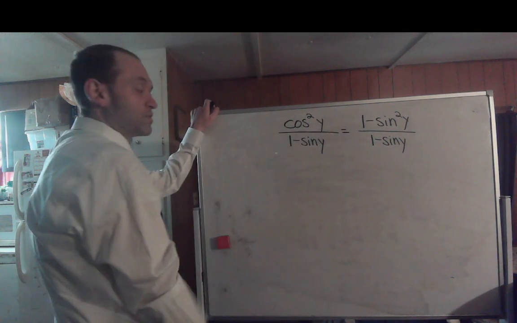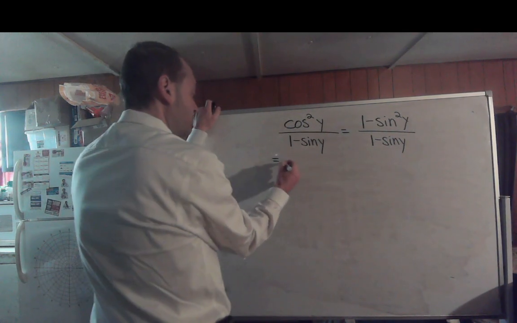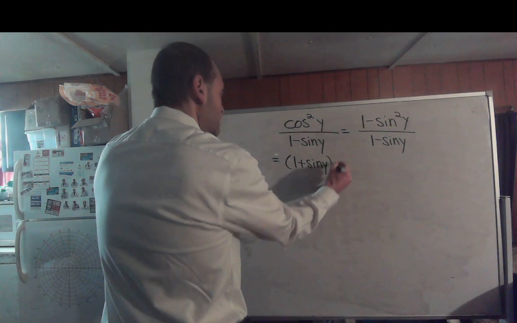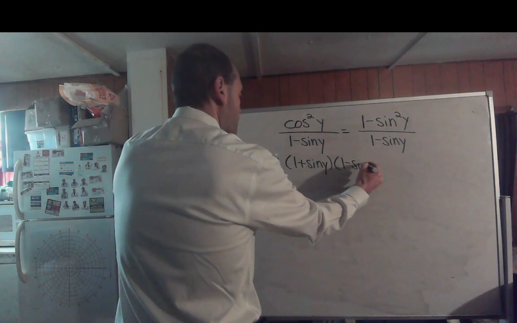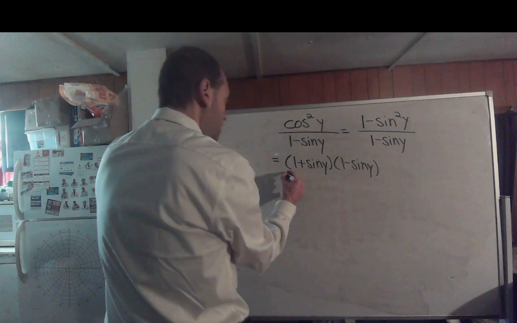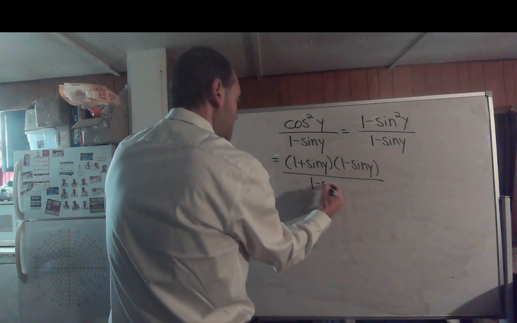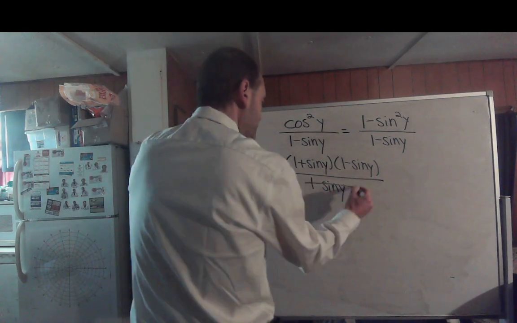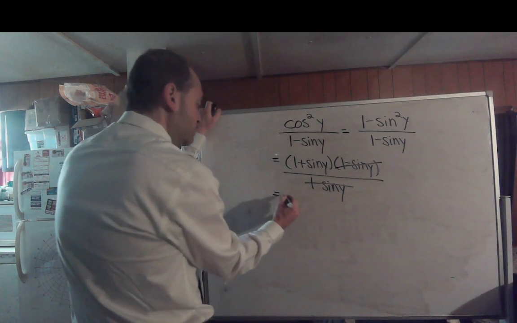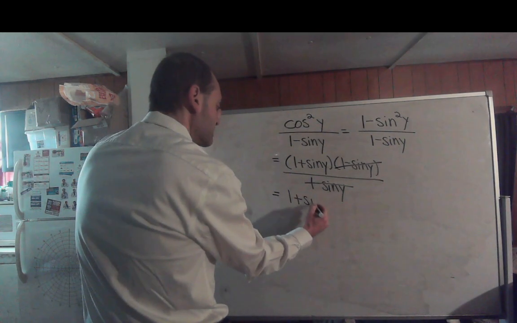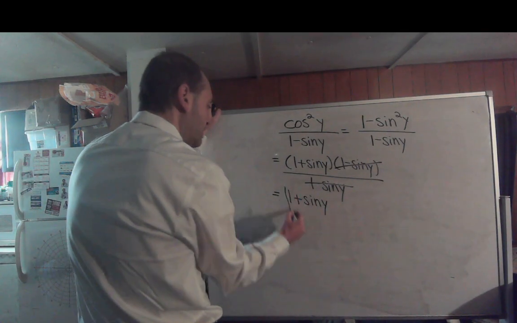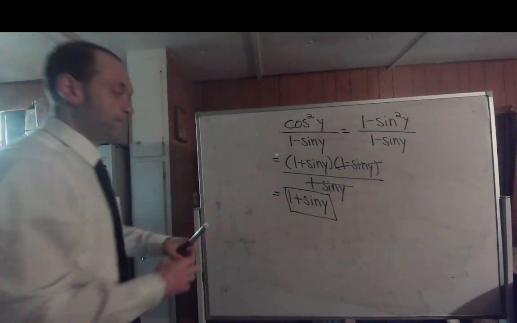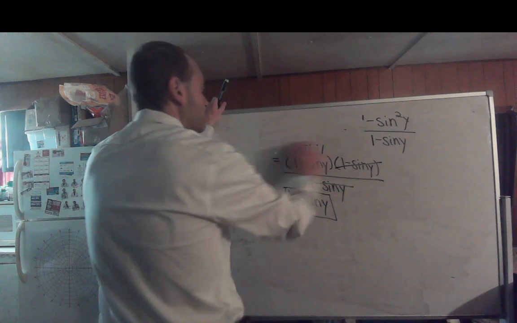Well, we can factor that 1 minus sine squared of y. This would turn into 1 plus the sine of y times 1 minus the sine of y all over that 1 minus the sine of y. And if you notice, your 1 minus sine of y is going to factor out. You should just be left with 1 plus the sine of y. So the answer you should get is 1 plus the sine of y.